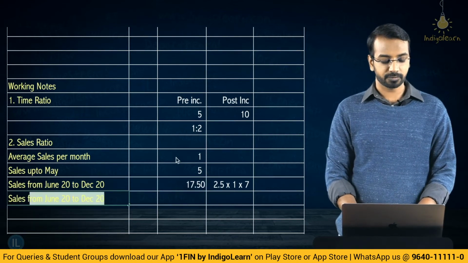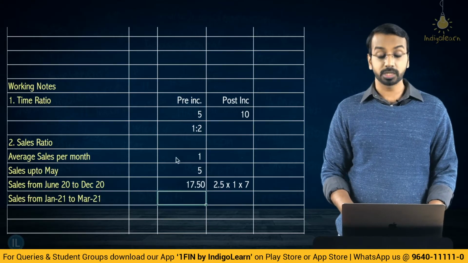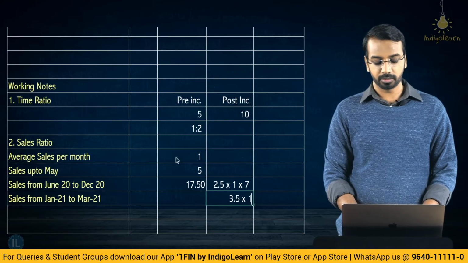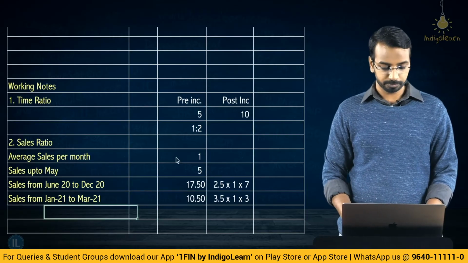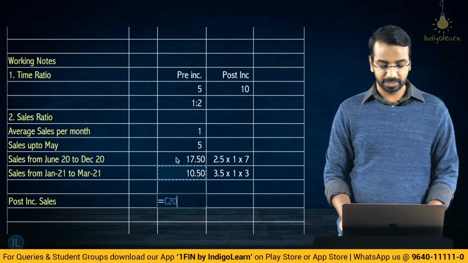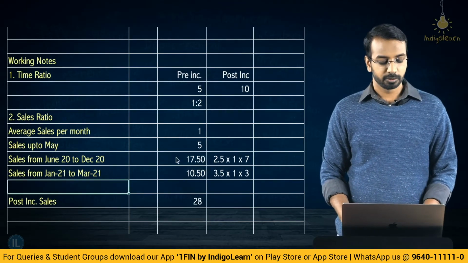Then, sales from Jan 21 to March 21 is 3.5 times, so 3.5 multiplied by 1 multiplied by 3, that is 10.5. So, post incorporation sales is 17.5 plus 10.5, that gives you 28.